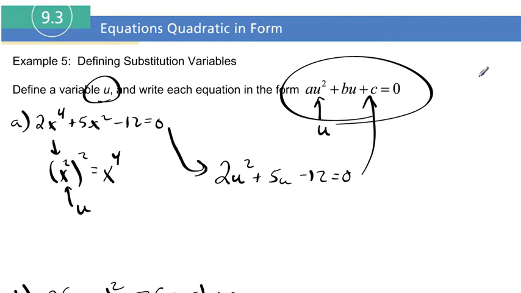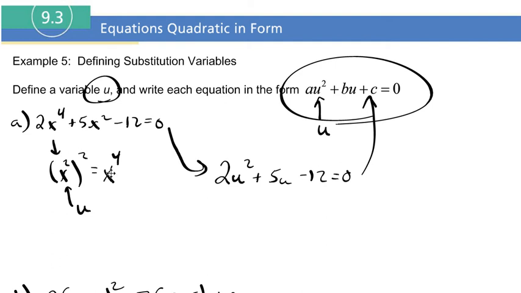Okay, so let me go over that process again. That's a tad bit weird, just the way it works. We want to rewrite this problem. It says write each equation in the form of au squared plus bu plus c. So I want to substitute my variable so it has u in there. The way you do that is you take the first term, ignore the 2 for right now, we don't care about the coefficient, and put parentheses squared.